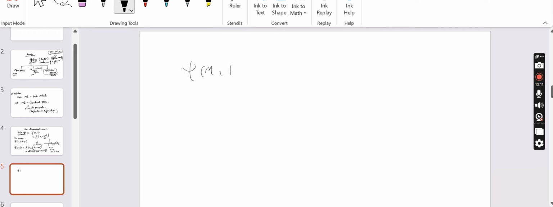So we have known that psi x t, or the wave, can be written as a sine kx minus omega t.